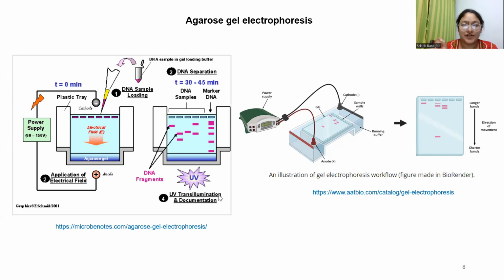So we place the DNA here and we run the gel. By running, I mean switching on the instrument, the electric field is generated and the DNA is resolved. As you see here, the pink color one is your sample, and these are your different fragments. One column will always be a marker DNA. What is a marker DNA? It is actually a reference. You have different fragments, so how will you know their size?